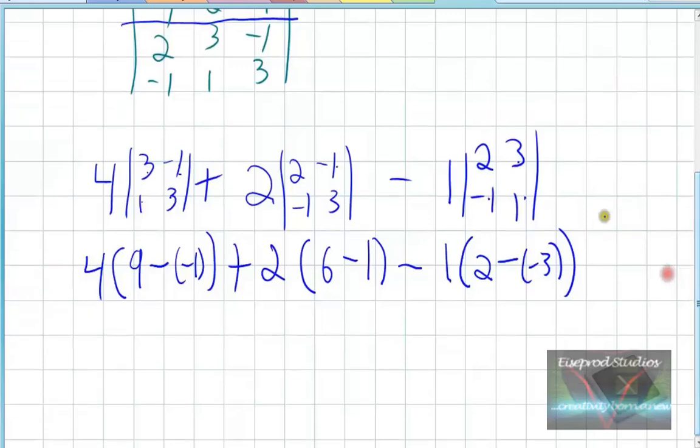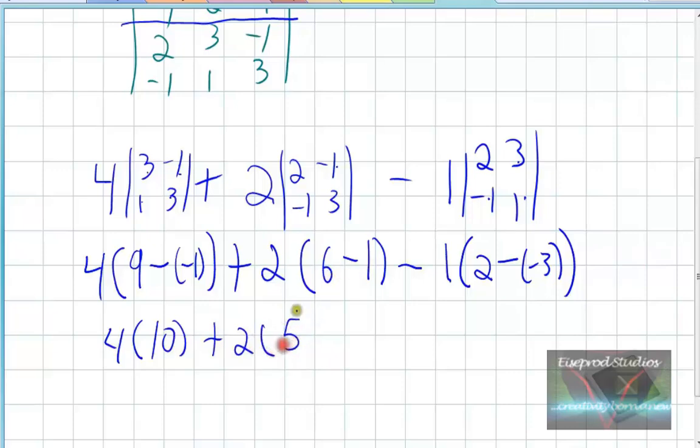So we go ahead and simplify some more, and we'll have 4 times, this is 9, when you subtract the negative number, so here we have 4 times 10, plus 2 times 6 minus 1 is 5, minus 1 times 2 minus negative 3 is 5.